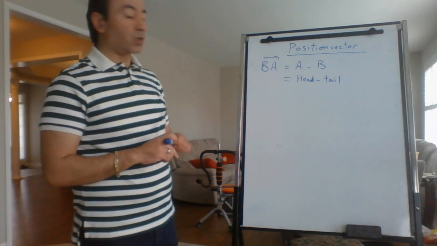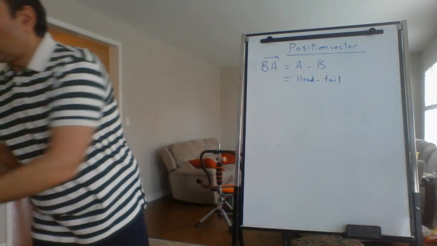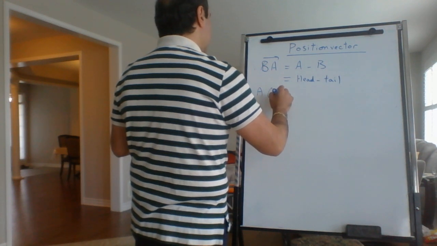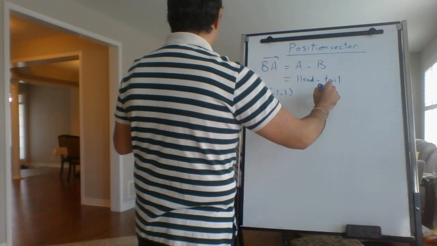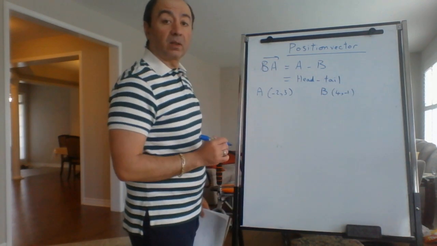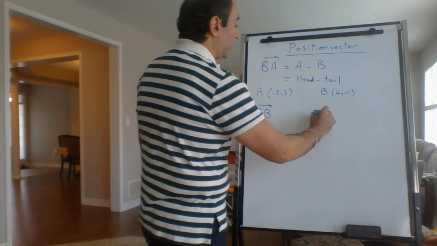Now let's say I give you A at -2 and 3, and B at 4 and -1, and I want to find the coordinates of vector AB and vector BA.